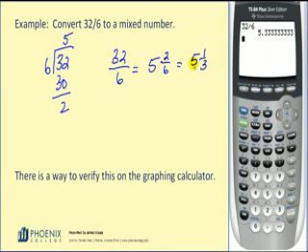Notice how 5 is the integer part of our mixed number, and the fraction part is represented as a decimal. Well, if I subtract out 5, which would leave just the decimal portion, I can convert this back to a fraction by hitting math, enter, enter, and that verifies the fraction part of our mixed number.